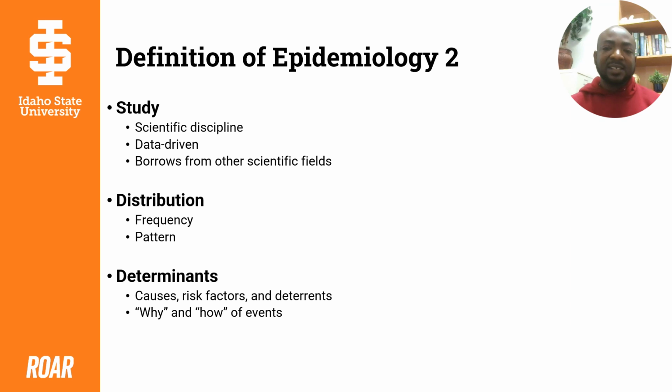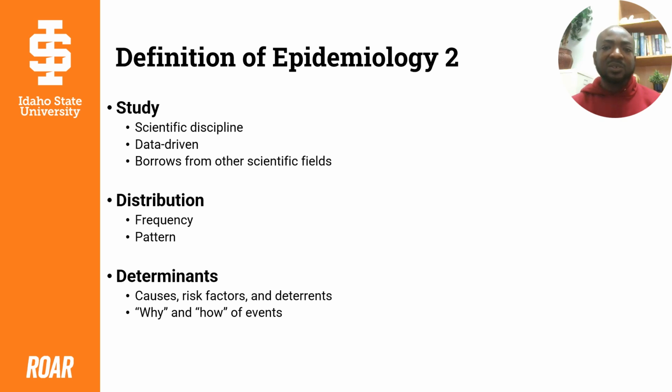Personal characteristics include demographic factors which may be related to risk of illness, injury, or disability, such as age, sex, marital status, and socioeconomic status, as well as behaviors and environmental exposures. Characterizing health events by time, place, and person are activities of descriptive epidemiology, which we'll discuss more later in this lecture.